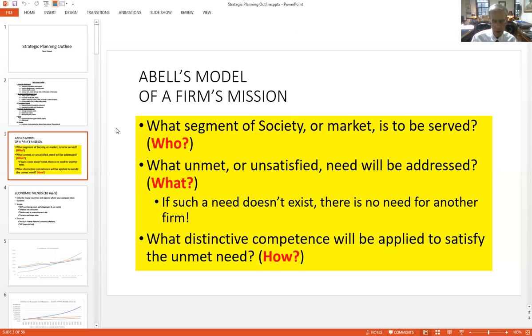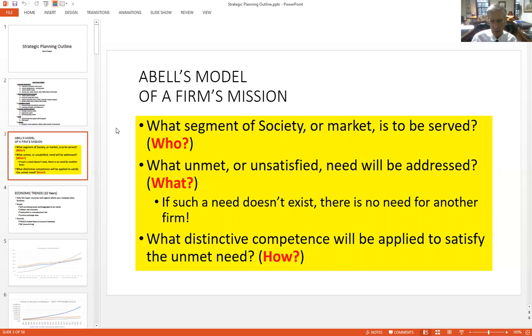I don't have time to give you all the illustrations that I wish I could, but I can tell you that sometimes management has an idea of the kind of customers that it thinks it's serving or wants to serve, but it turns out that the firm is serving a different segment of society than management really has in mind. So it's important to nail that down.